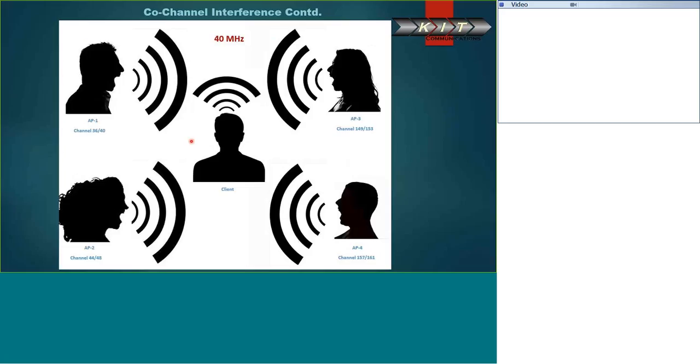So if we apply this to access points, each one of these individuals represents an access point, and they represent a bonded 40 megahertz channel, so two 20 megahertz channels bonded together. We have 36 and 40 represented by this gentleman. We have 149, 153 represented by this young woman.